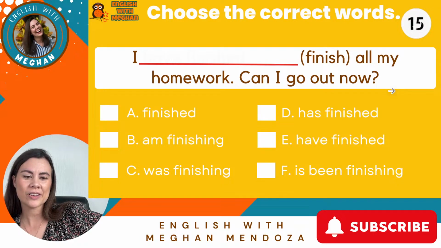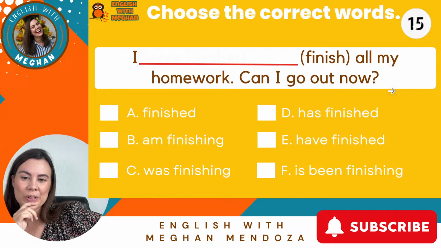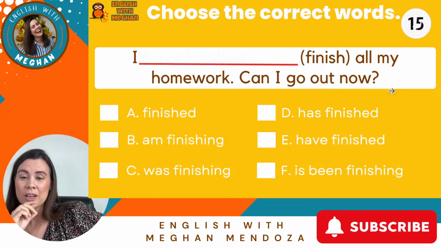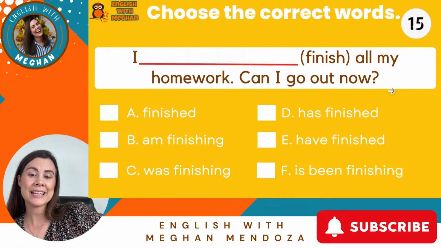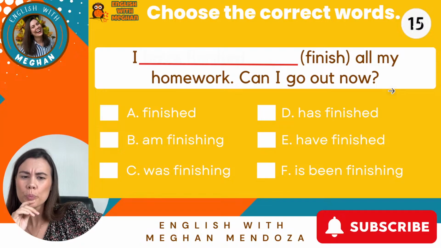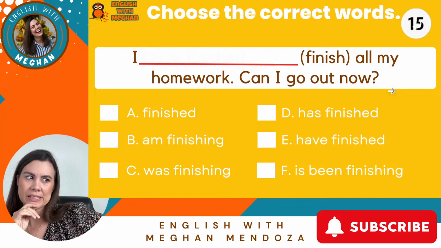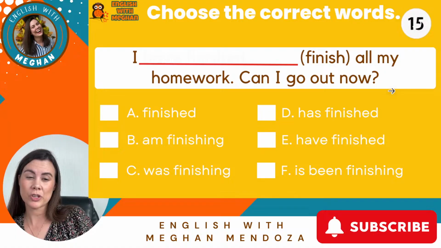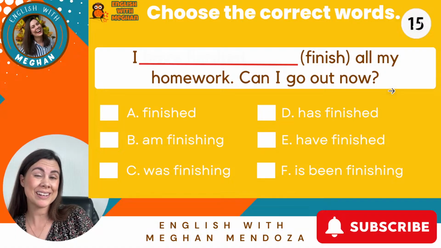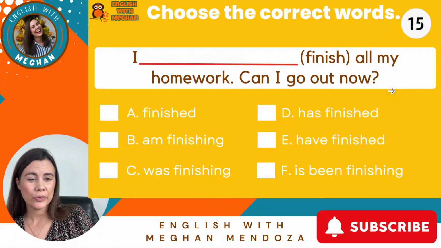Anyways, it's all good. The reason that it is E is because it is something that has happened in the recent past, okay? The recent past, which means that's when we use present perfect. So we're emphasizing also that it's a finished action, right?